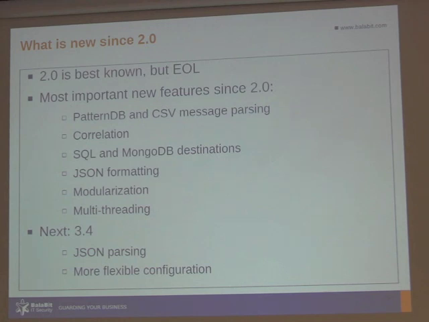And syslog-ng is now multi-threaded, meaning much better performance. The upcoming version is 3.4, which also adds JSON parsing, and configuration was already a lot more flexible than in any other syslog implementation, but it has quite some configuration format changes to make it even more flexible.